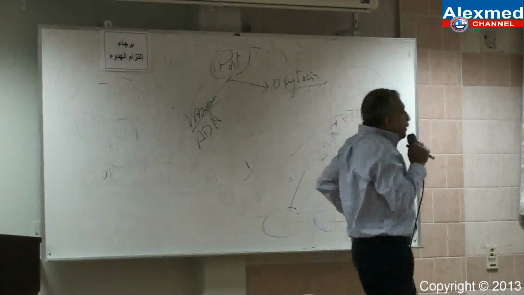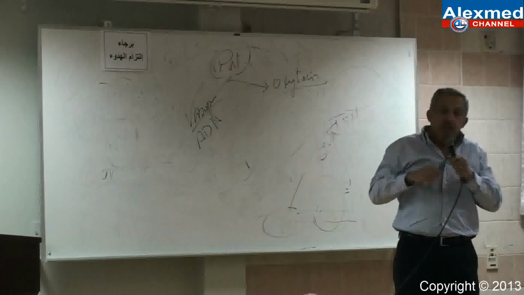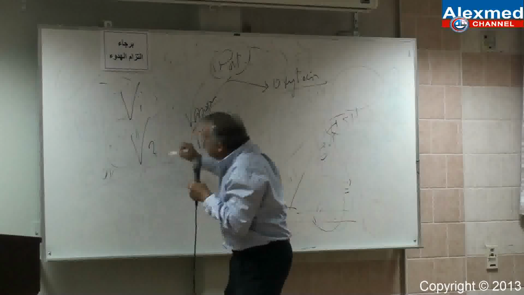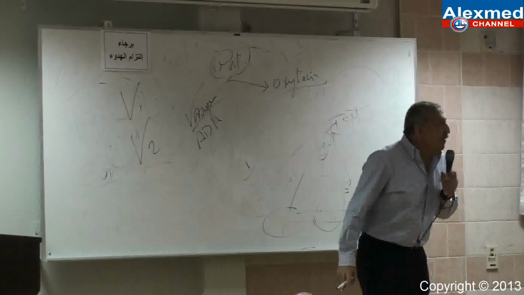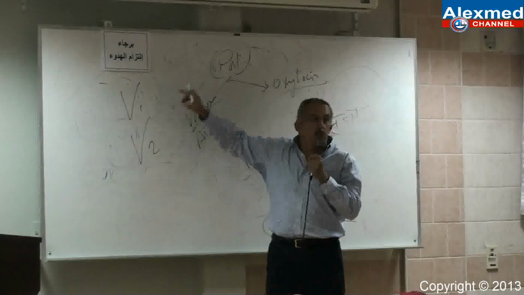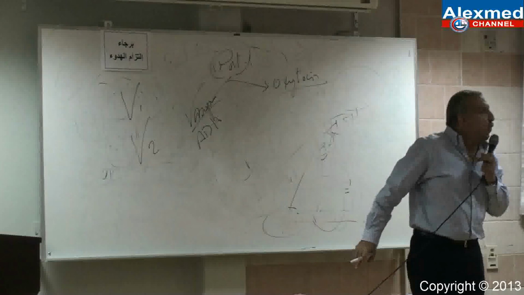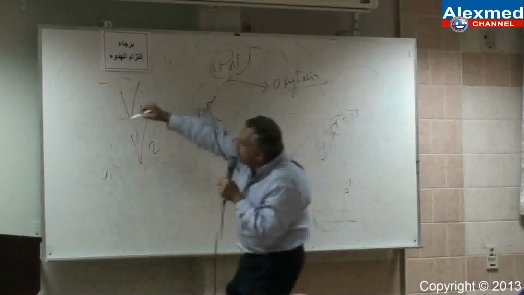So how does God arrange this? There are two types of receptors, V1 and V2. Where are the V1 receptors? Blood vessels, smooth muscles.